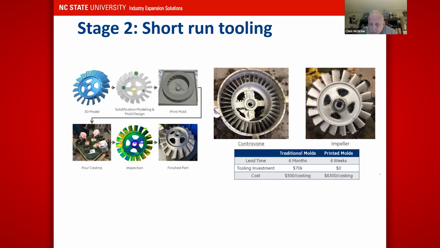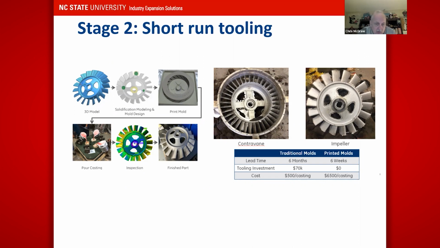If you look at the box in the bottom there, it talks about traditionally that would have taken me 6 months of lead time to get a mold made, and I had to spend about 70 grand for the tooling. And now it tells me about $500 per casting. So I'm invested just to make the first part, $70,000 plus the $500 for the casting. Whereas with the short run tooling from the additive manufacturer, it took me 6 weeks.